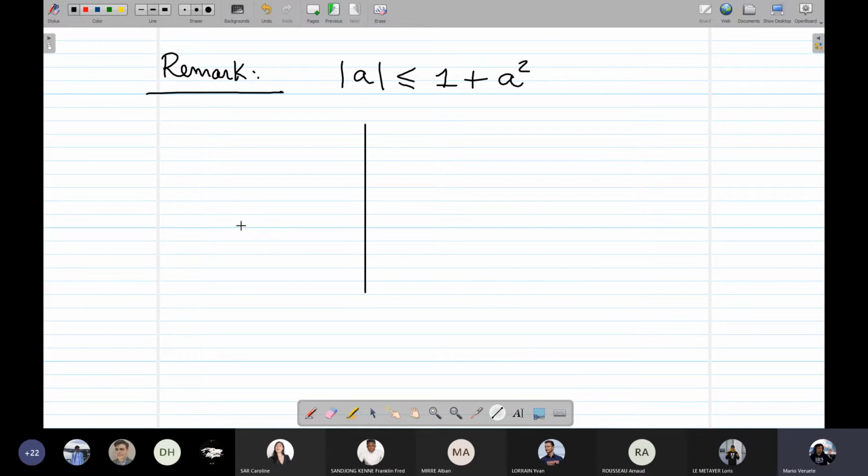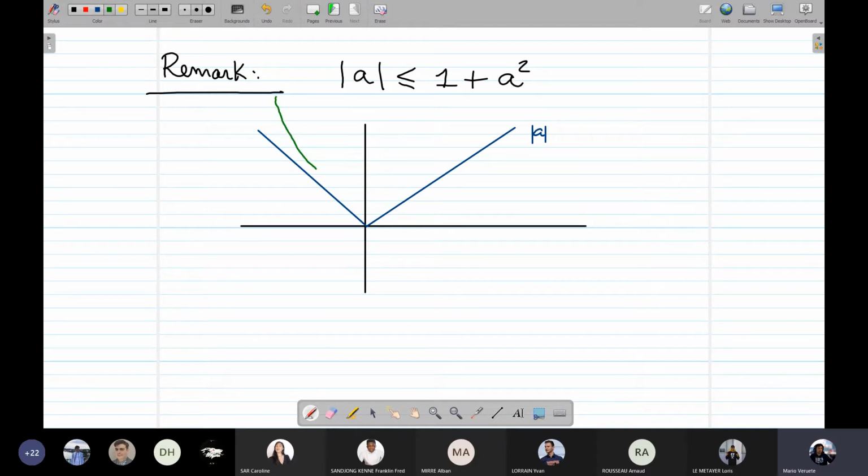This is the absolute value function of a, and you can see that this function is always smaller than 1 plus a squared, which is this parabola here. Sorry, no, not that one. Is that one? Well, you understood, no?